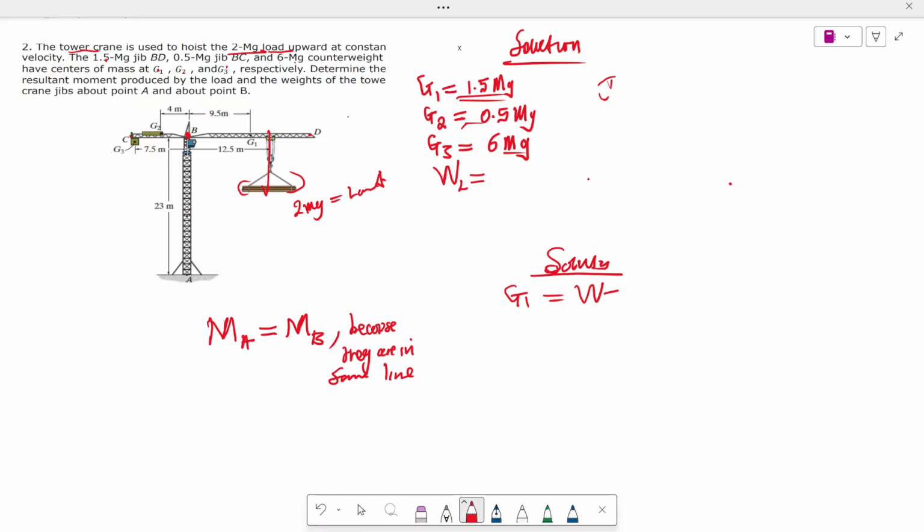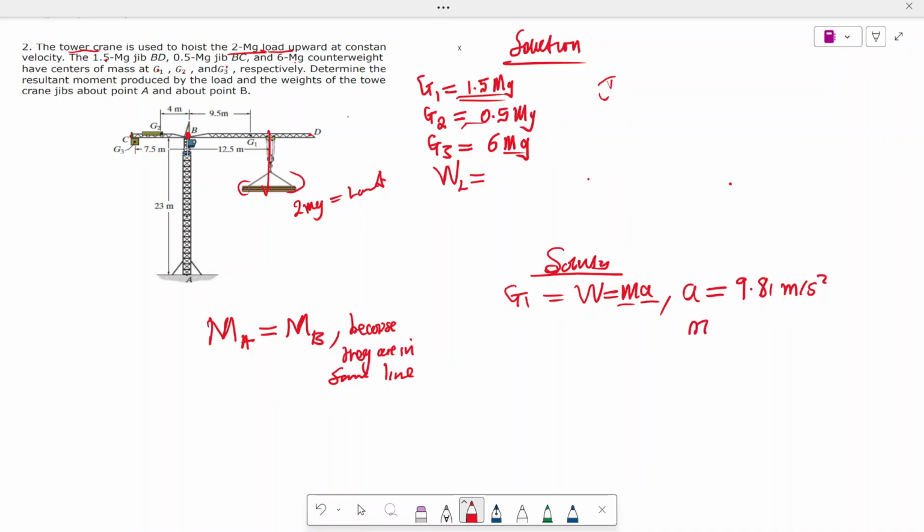Weight is equal to mg, mass times acceleration due to gravity, where acceleration due to gravity is equal to 9.81 meter per second squared.